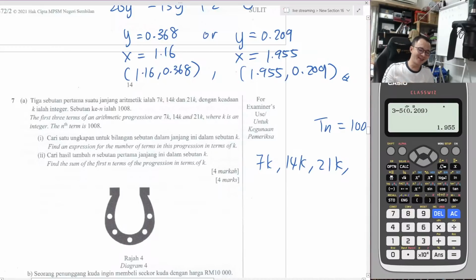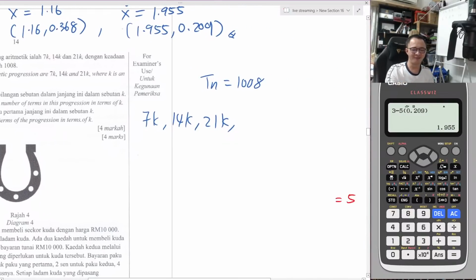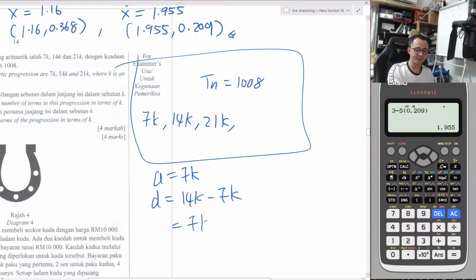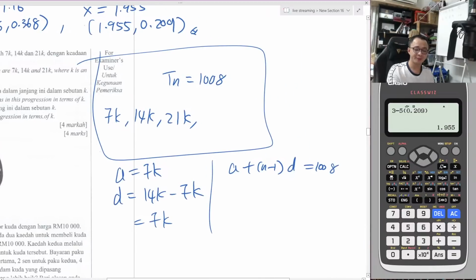Where am I? Okay, so right now I want to use these two pieces of information to get n in terms of k. First thing is I know my a is 7k. I know my d is the second term minus the first term, so it's 7k. Then Tn formula: a plus n minus 1 d equals to 1008. A is 7k, d is 7k, equals to 1008.